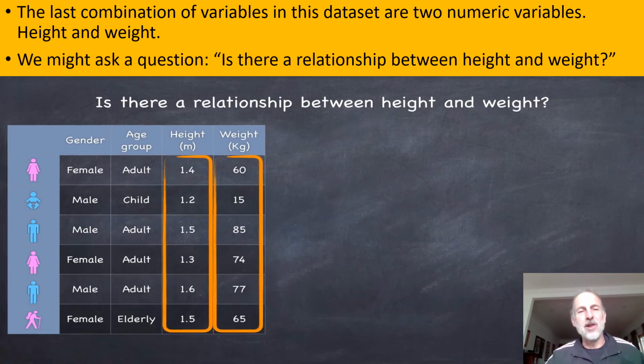Okay, people, the good news is that the last combination of variables that we're going to look at in this data set are 2 numeric variables, and we're specifically going to look at height and weight. And in a situation like that, there might be a question, for example, like, is there a relationship between height and weight?